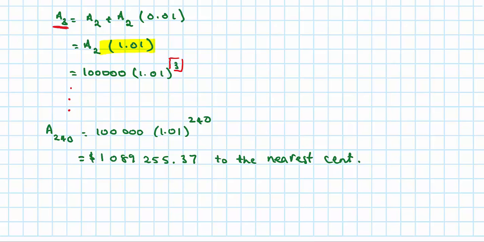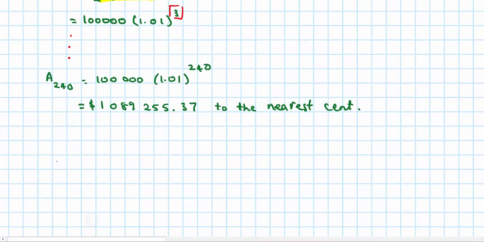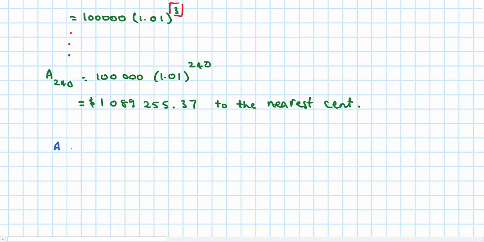So let's see if we can see the formula from what we've done. To work out the amount after, doesn't matter how many months, we took the principal, multiplied by 1 plus the rate, and the rate was a decimal number, and we made that to the power of however many months we had, to the power of n.